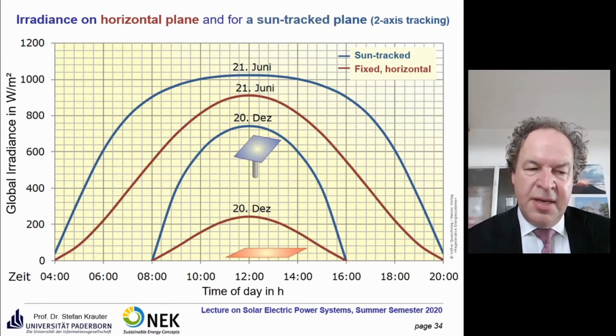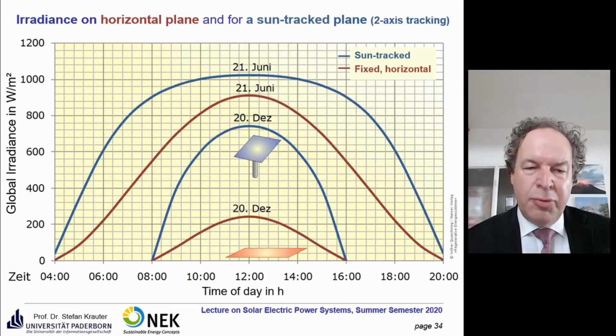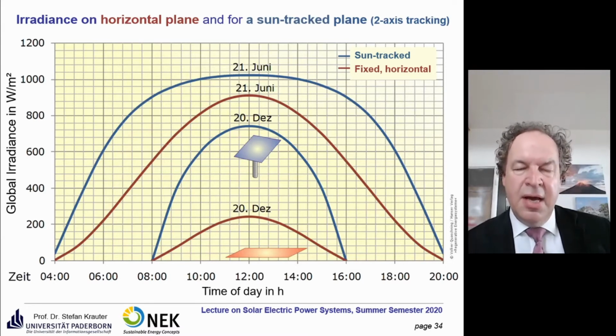So the irradiance achievable even on a very clear day is a little bit above 200 watts per square meter. If we would track that, so we would direct the receiver surface towards the sun, then we would have a significant increase to about 700 watts per square meter for a clear day. So it's almost 2 to 3 times the irradiance we can receive.